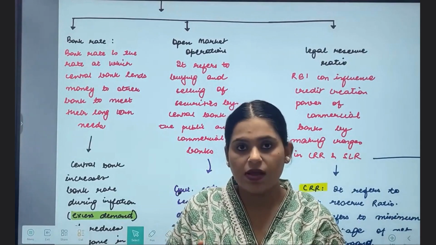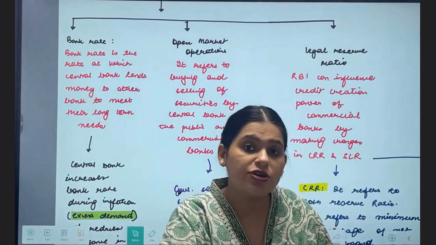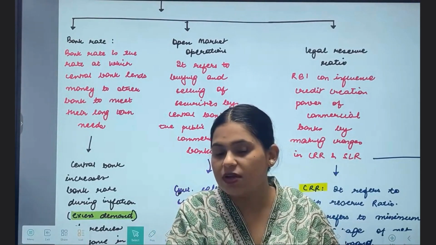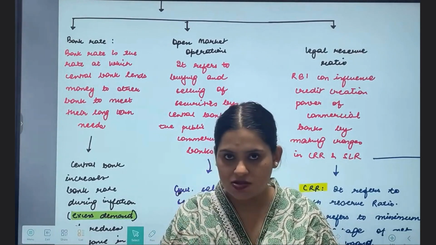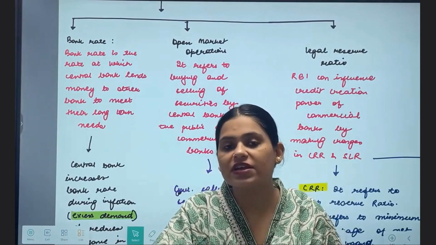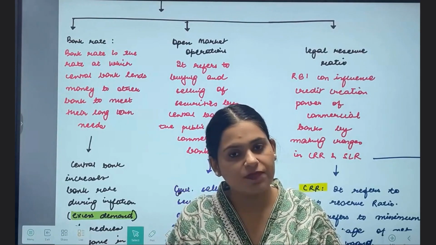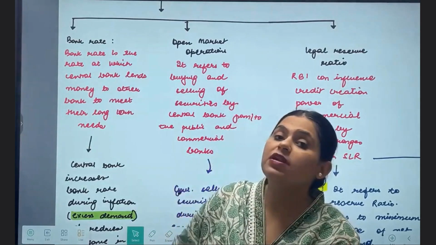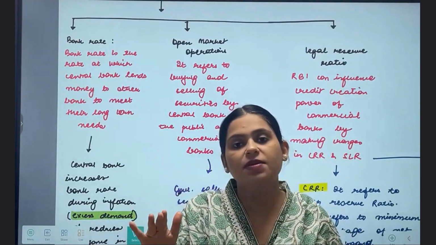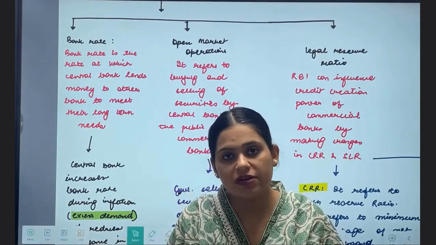Now imagine, when banks go ahead and sell their securities in the market, तो जब उन्होंने बेची securities, what will happen? People will buy those securities and people will pay in form of cash to the banks. So लोगों के हाथ से cash कम हो गया. So when people will pay money to the banks, the money from the market will reduce.